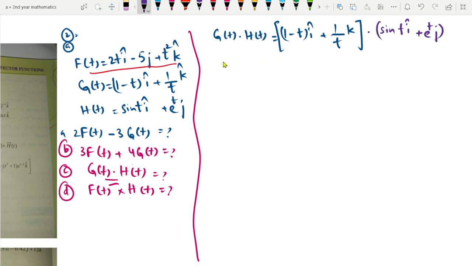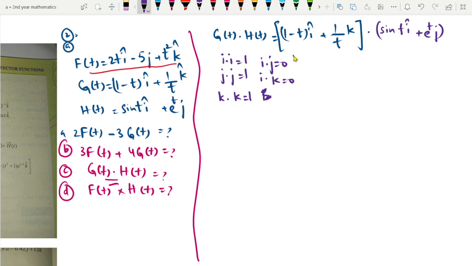So in dot product you have to know that i dot i is equal to 1, j dot j is equal to 1, k dot k is equal to 1, and i dot j is equal to 0, i dot k is equal to 0, and you have to know that i dot j is equal to j dot i.